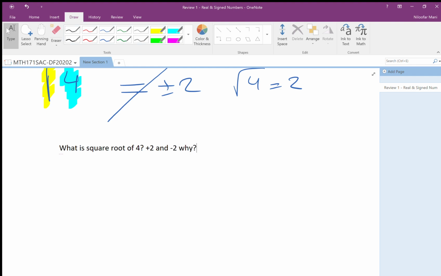I say why? Because plus 2 times plus 2 is 4, and minus 2 times minus 2 is also 4. So if I say it in another language, when I write the sentence, you can answer plus minus 2.